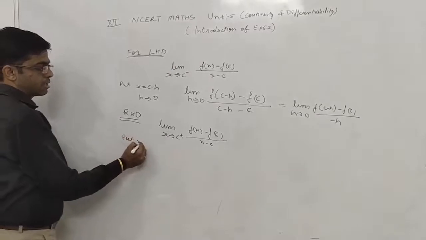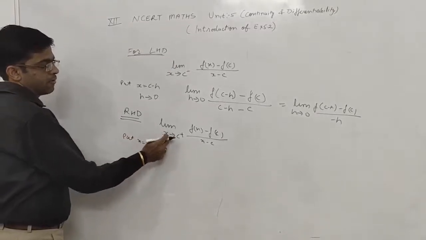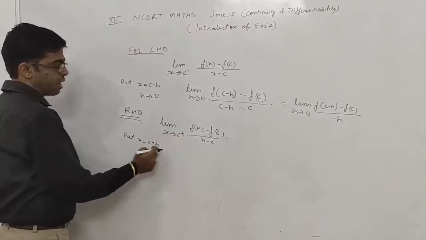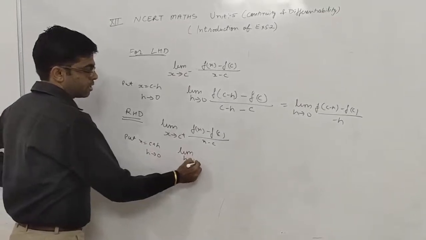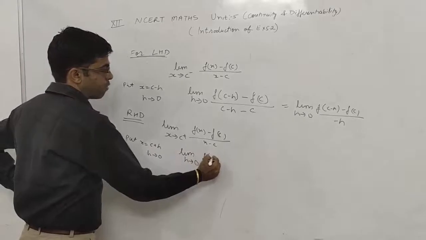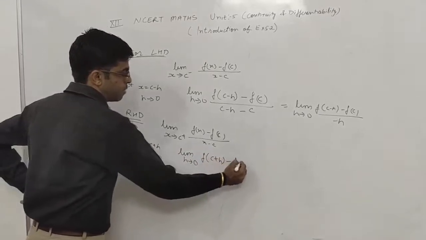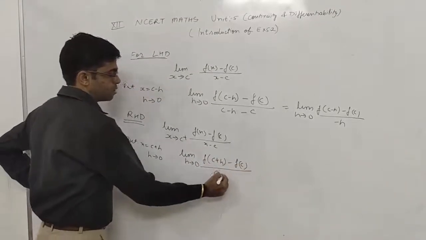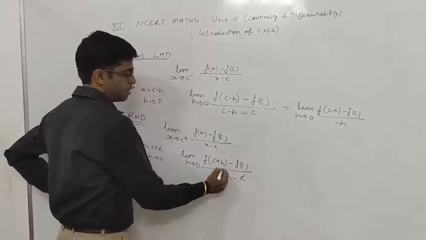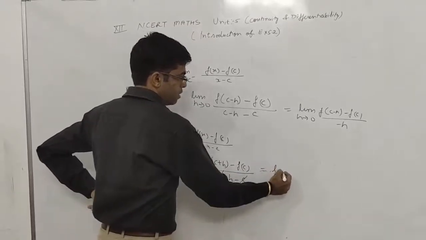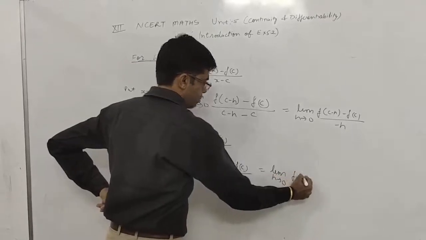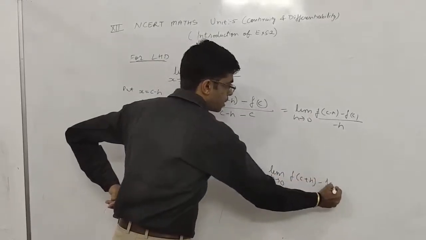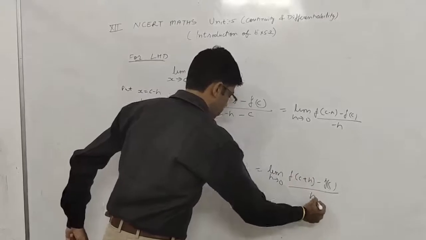Put x is equal to c plus h. If x approaches c, then h will approach 0. Limit h tends to 0 of f(c plus h) minus f(c) upon c plus h minus c, which is limit h tends to 0 of f(c plus h) minus f(c) upon h.